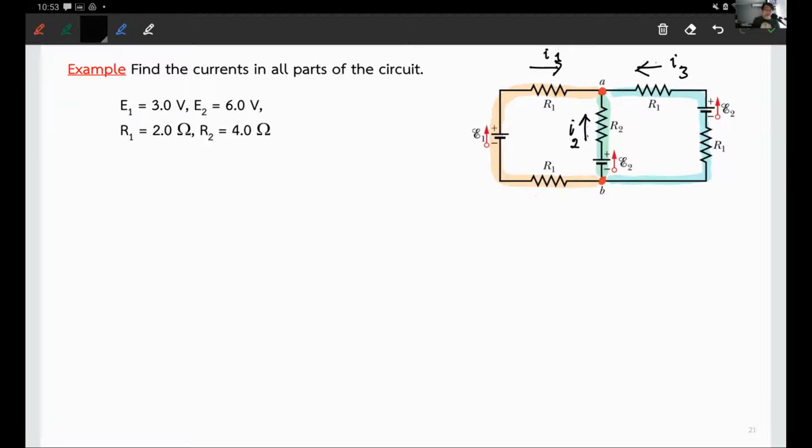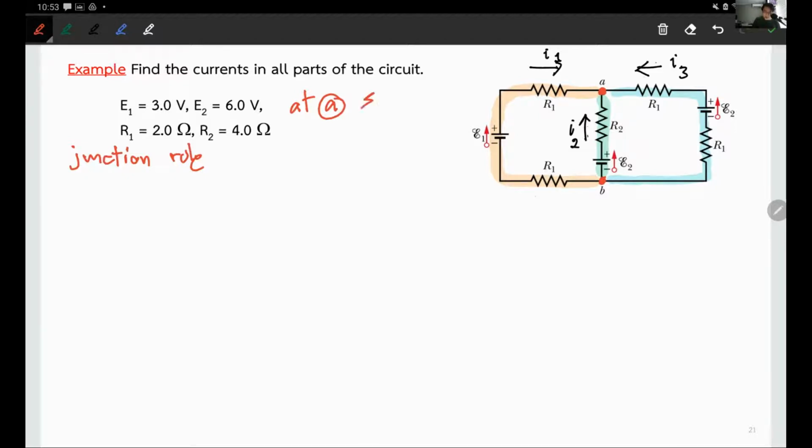So you assign the current flow on each single wire that eventually they're going to join at the junction. But now when you look at this one, you apply the junction rule. And as you can see, you can pick junction A or junction B, doesn't really matter. If you look at A, the current I1 is in, I2 is also in, I3 is also in.